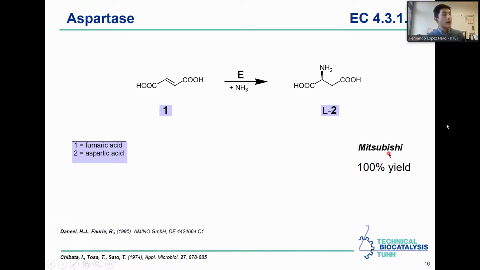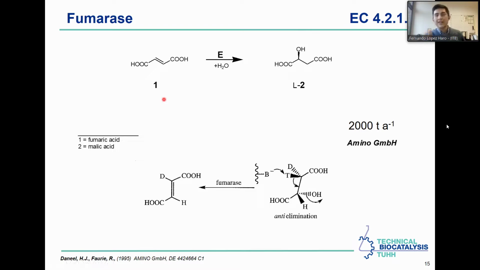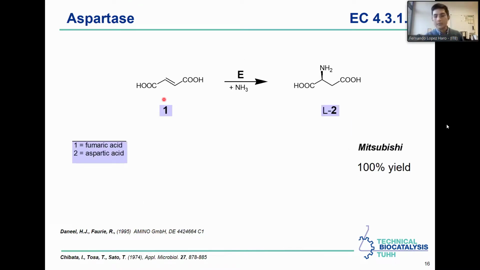Please be careful when you study these two, because while both fumarase and aspartase use fumaric acid as the substrate, only aspartase produces aspartic acid. Sometimes enzymes are named for the substrate, sometimes they are named for the products. You need to pay attention to why they receive those names.